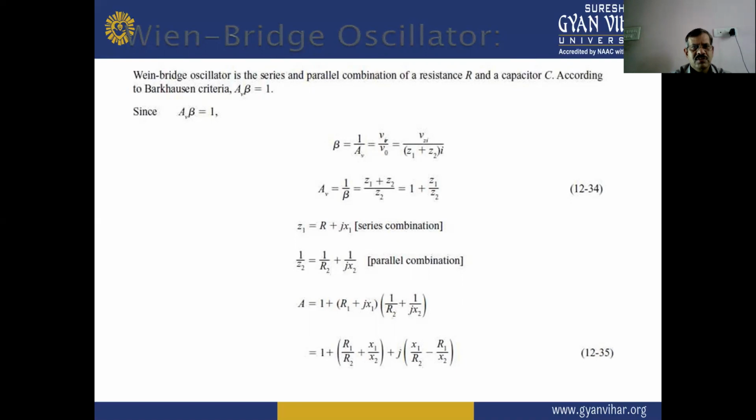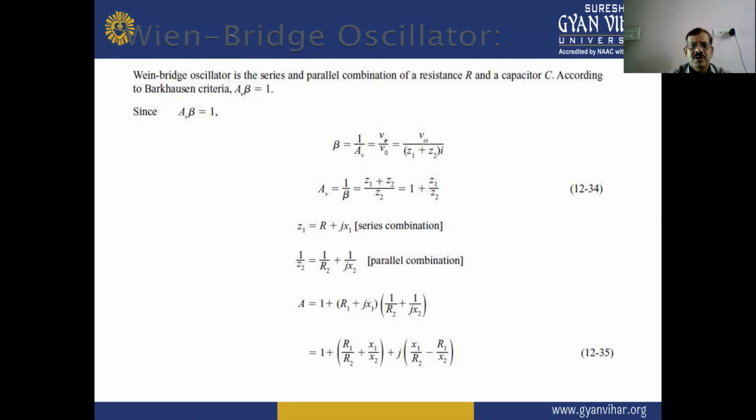Since A into beta equals 1, beta equals 1 upon A, and equals V_R upon V naught.